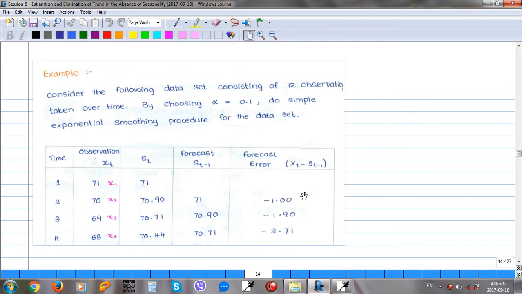Then forecast error means xt minus st minus 1. So xt here is 70, and st minus 1 is this one, 71, so that is minus 1. Then here xt is 69 minus 70.9, that is minus 1.9.